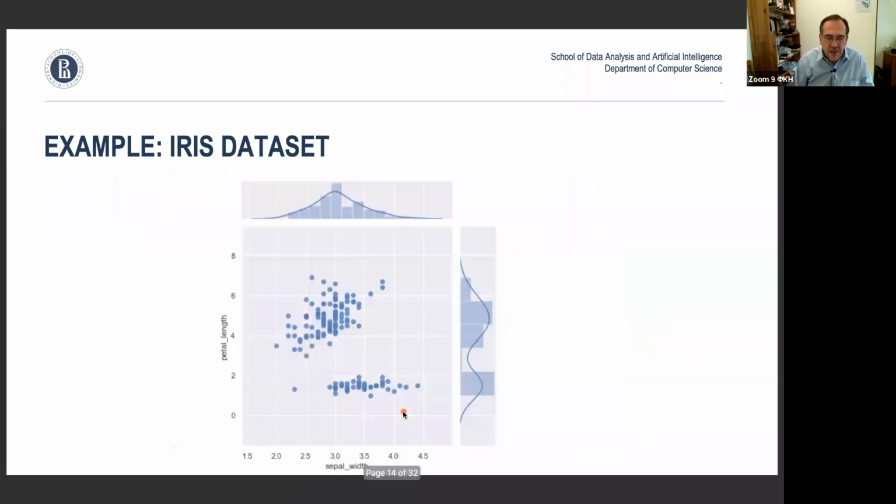Now you can actually combine those two plots. Here I put petal length versus sepal width, and I also put histograms on top. Notice that I also introduced the smooth version of the histogram, which is the distribution density. That's sometimes even more helpful, because it takes care of the binning problem, where you don't know how many bins to introduce.